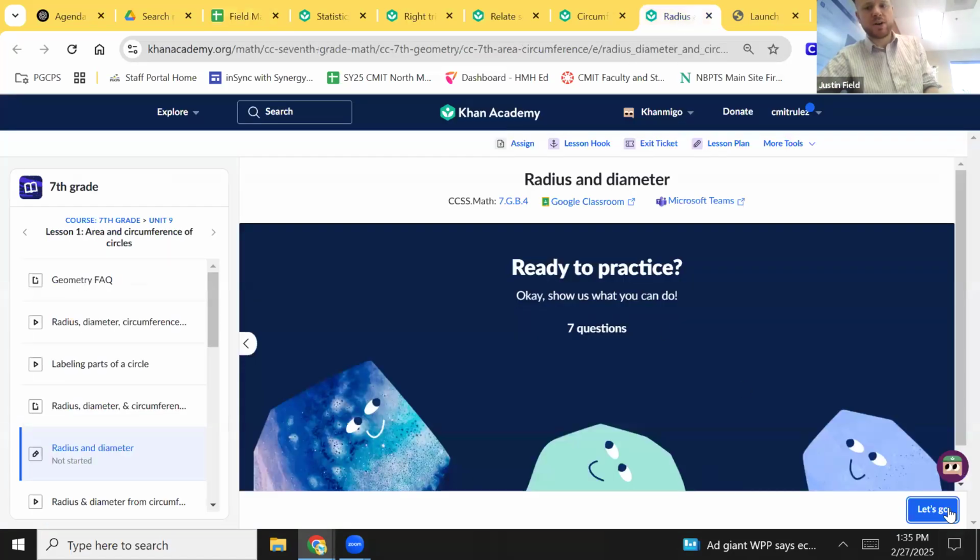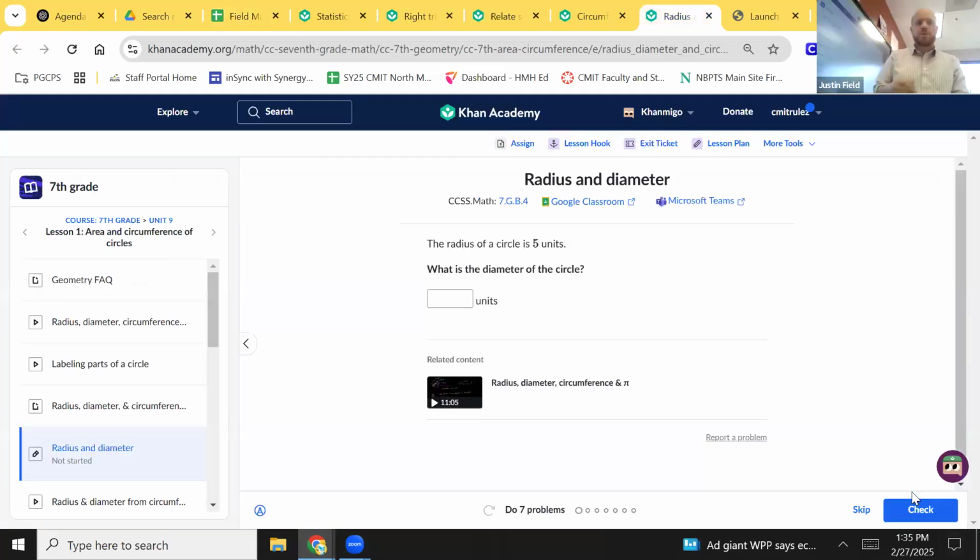But let's talk about the new learning. You probably know about circles, but we've got to cover it, make sure that we're on the same page. And there's a lot of different circle vocabulary. So before we even answer this question, let's use it as an opportunity to talk about circles. This is a circle, and this is the center of the circle.